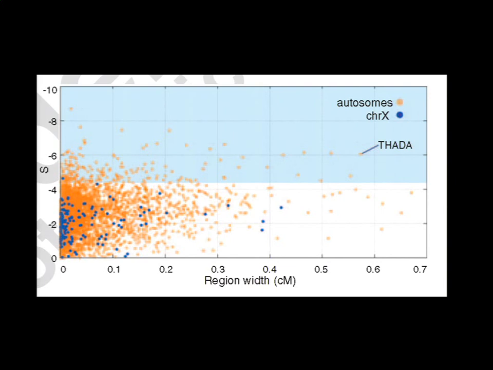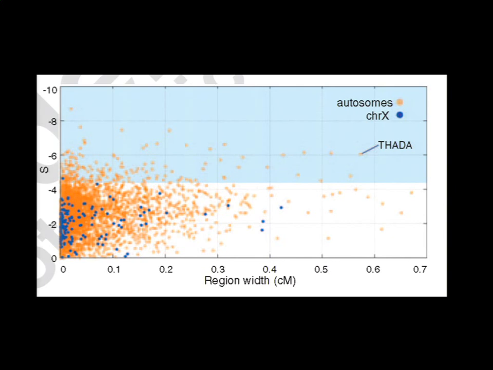Because of course the stronger the selection, the faster it swept through the population, the less time was there for recombination to make this region smaller. So the most strong sweeps with the strongest selection will be the widest ones. So you can then look at the things that are up here that have very few derived variants or hardly any and are particularly wide.